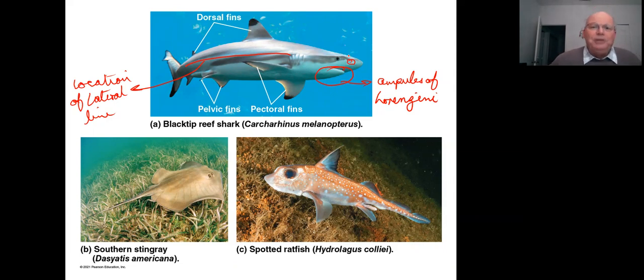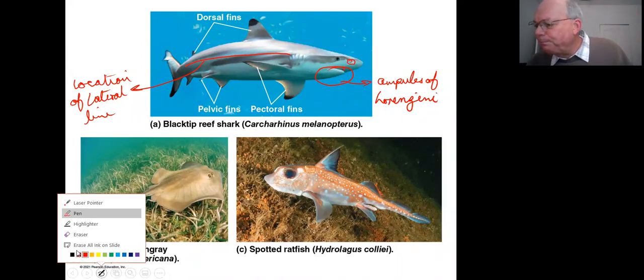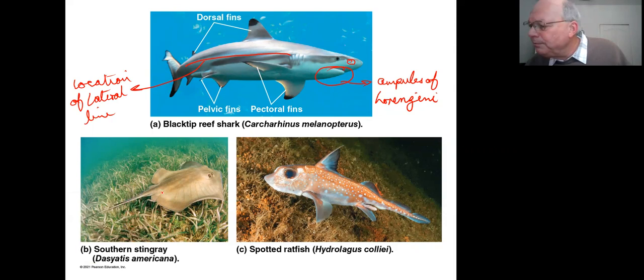The difference between sharks and rays: a ray has a dorsoventrally flattened body. Its mouth is on the underside of the body, and the pectoral fins are greatly enlarged compared to the pelvic fin. So this is the pectoral fin.